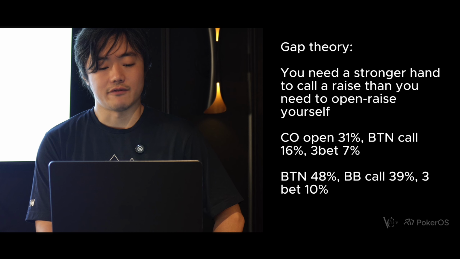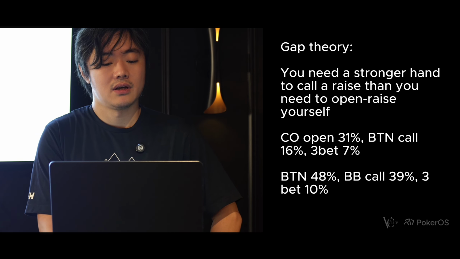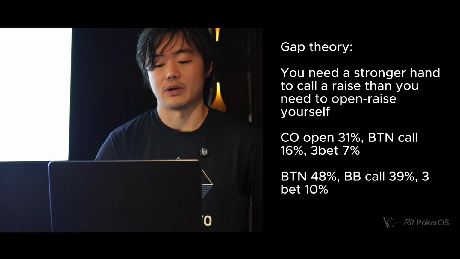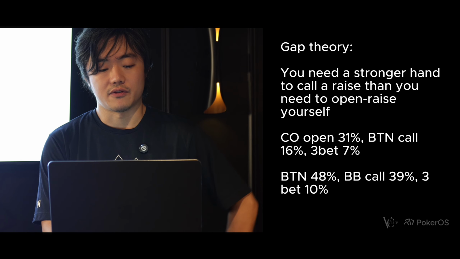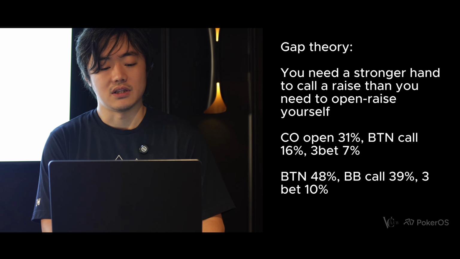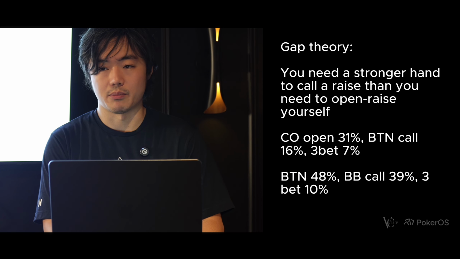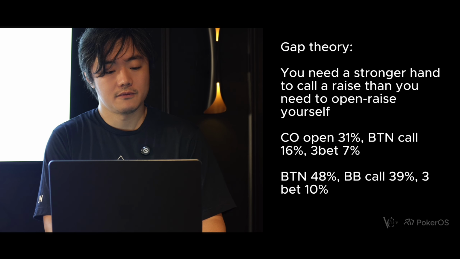The first one is cutoff opening 31% and button defending 23% in total. 16% of them are cold calling, 3% are 3-betting. So you can see the cutoff opens 31% and the button defends only 23%. Even though the button is in position, it's tighter than the cutoff.